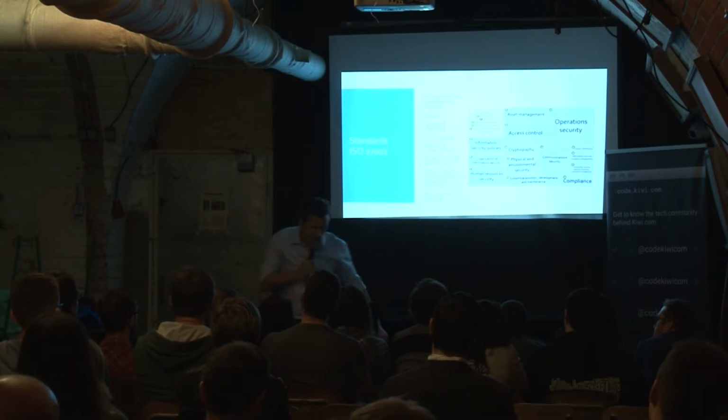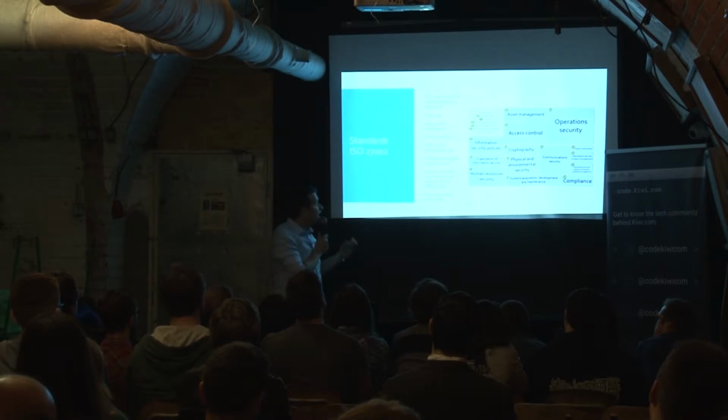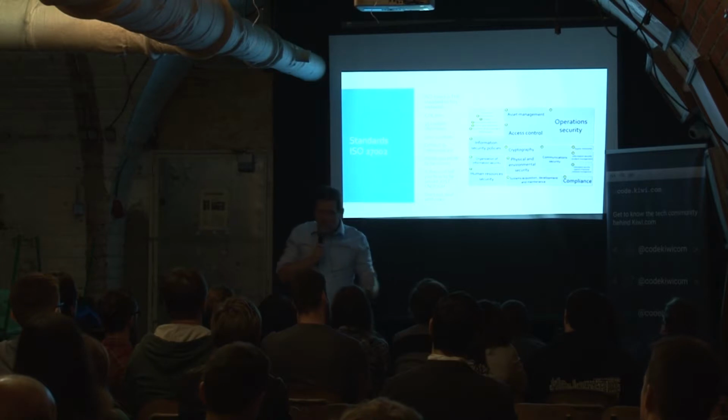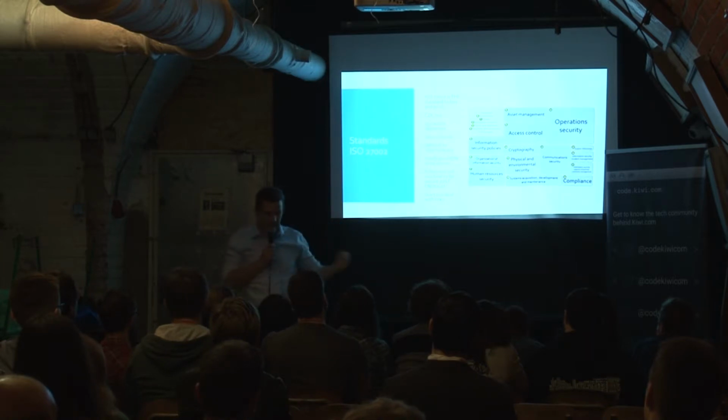Moving on. Now the important standard, ISO 27002. It evolved from, I think originally it was some good practice from Shell, the company that drills for oil. Then it became a British standard, and now it's an international ISO standard.